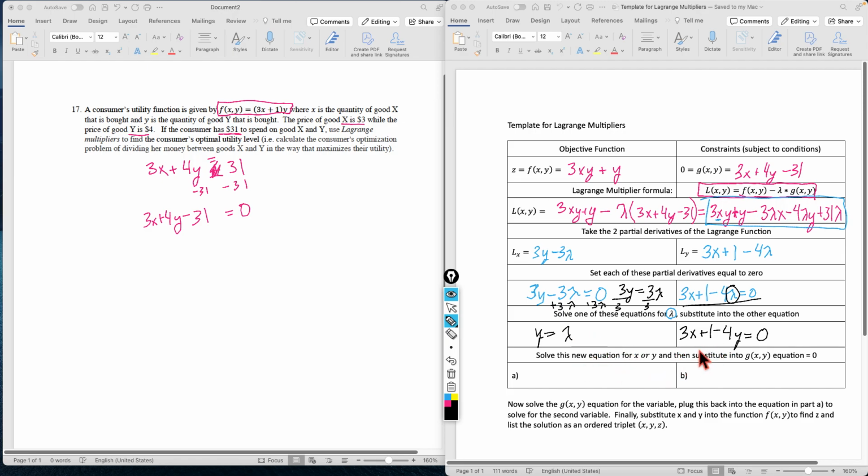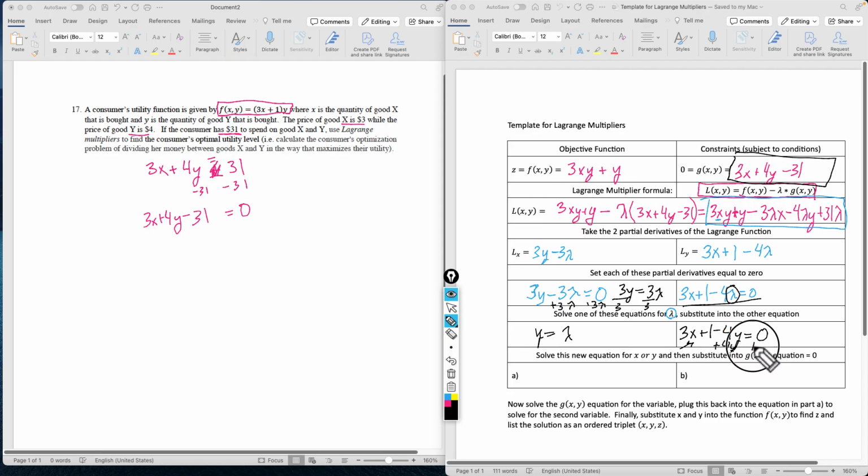Now we solve this equation, that one right there, for x or y, and then we substitute back into this original equation up here, and we write it in its form where it's equal to 0. Okay, and then we will solve for whatever we got. I don't know which one's easier. Maybe I'll add 4y to both sides.